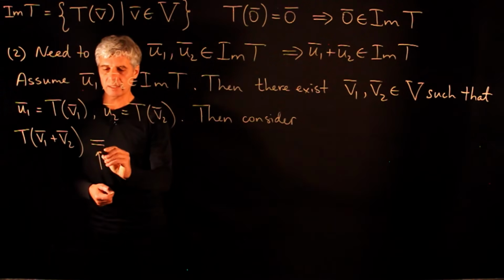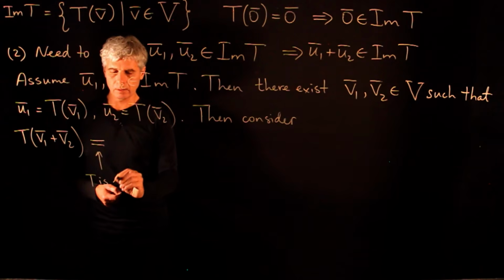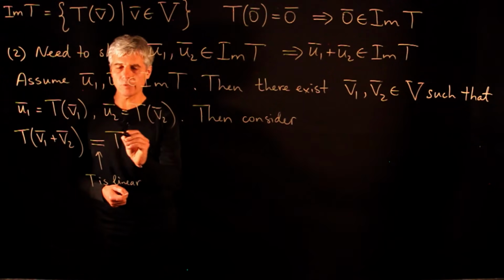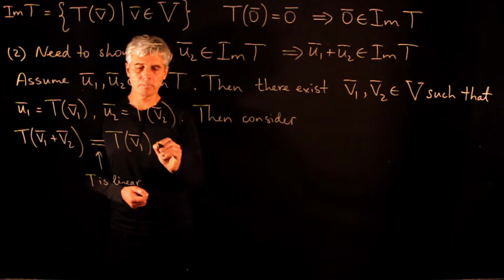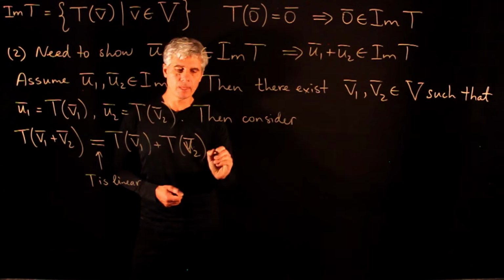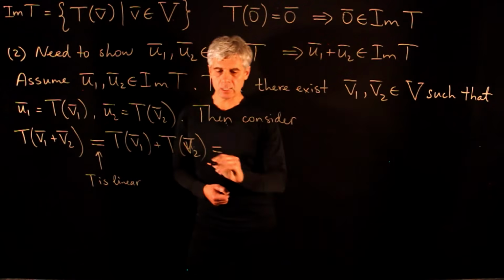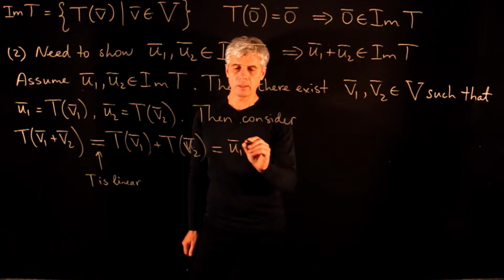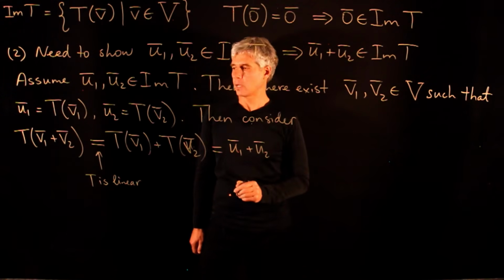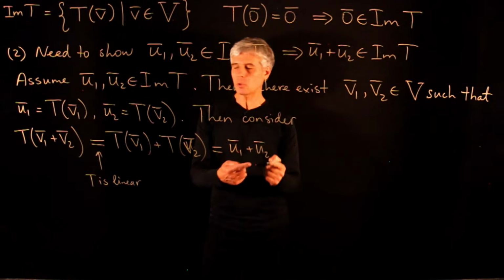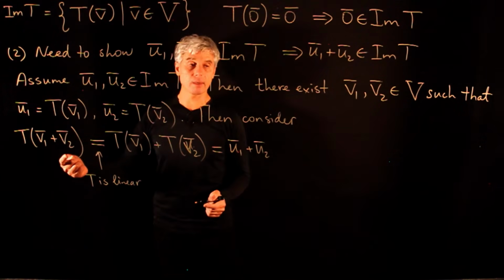So since T is linear, we know that this is T of V1 plus T of V2. And this is equal to U1 plus U2, since T of V1 is U1. So this tells us that U1 plus U2 is T of something, right?